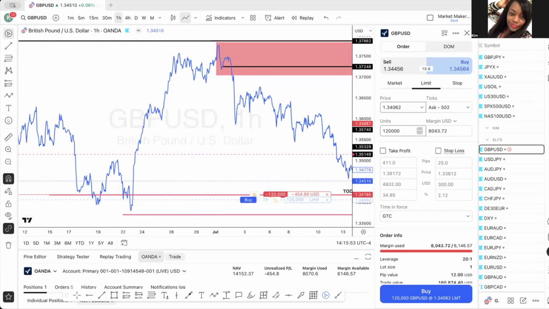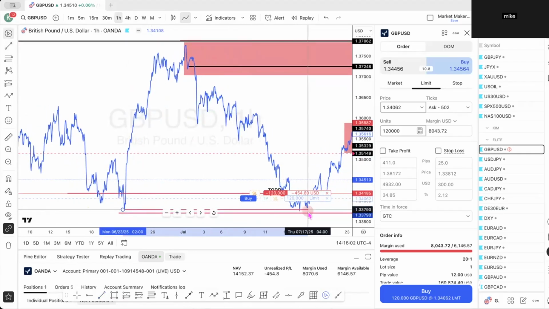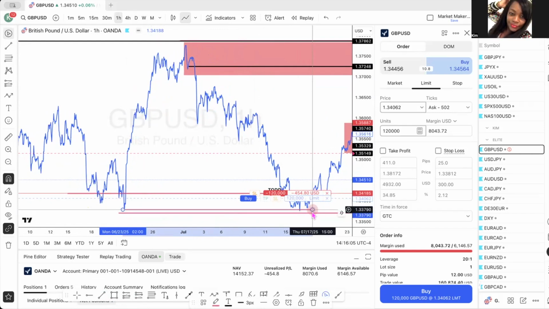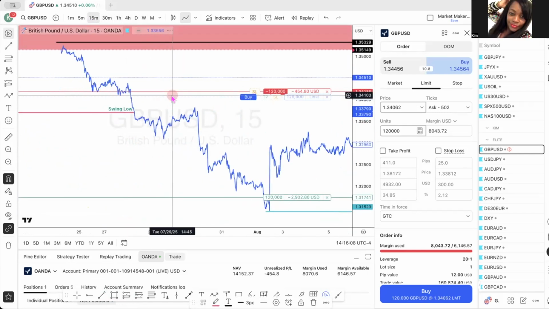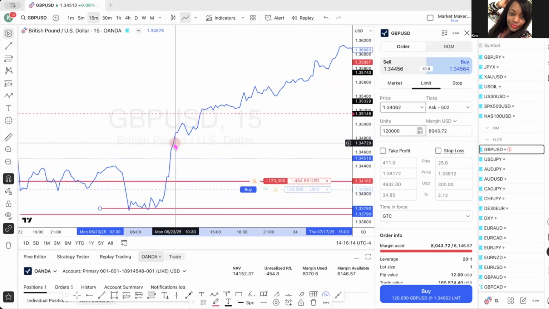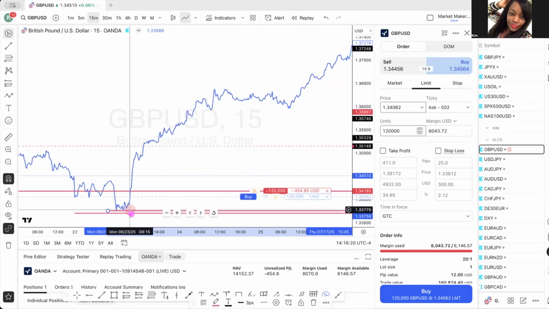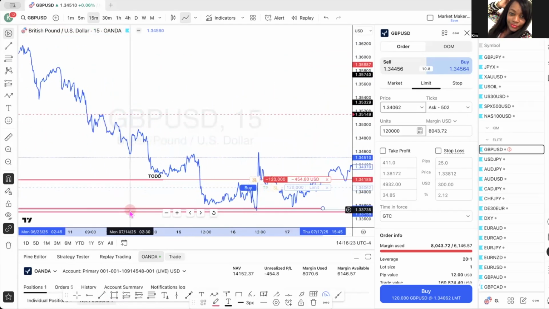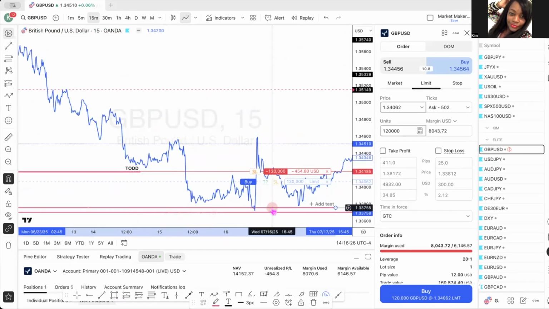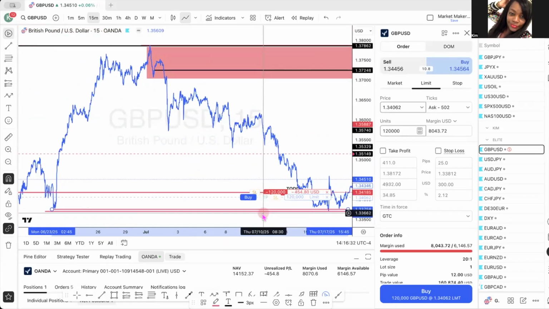That zone should be now right here, right? And if I go down to the 15-minute, it's going to change again. Now we've moved it down to here, right here. While my line has stayed right here and has not been broken. That is why I do not use the line chart.